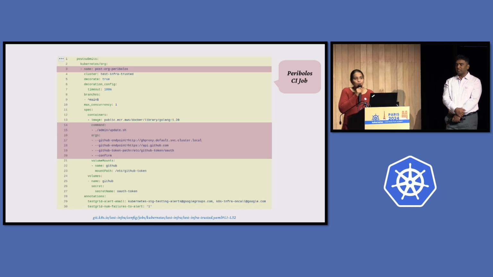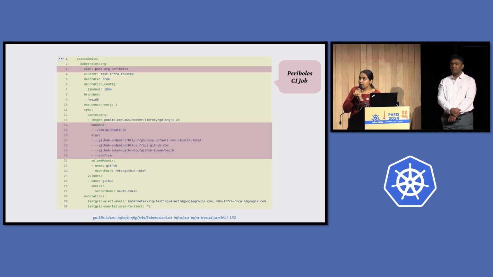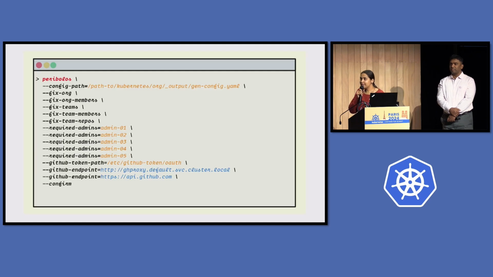So what happens when we created that PR and the PR was merged? An instance of this job was triggered. What it did is just ran that bash script admin update.sh with some flags. But what happened is basically this Peribolos command was run.